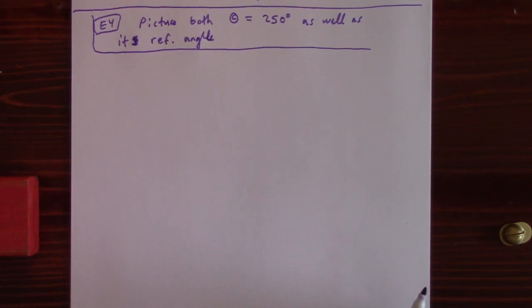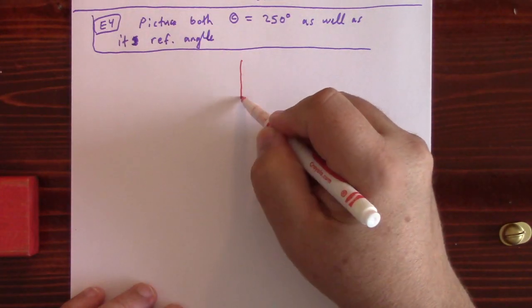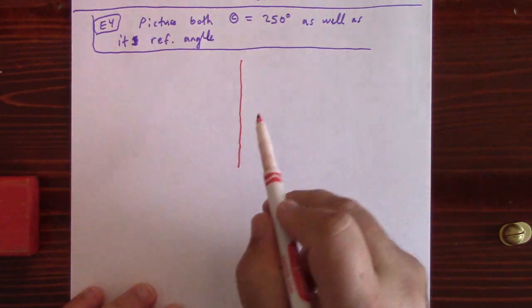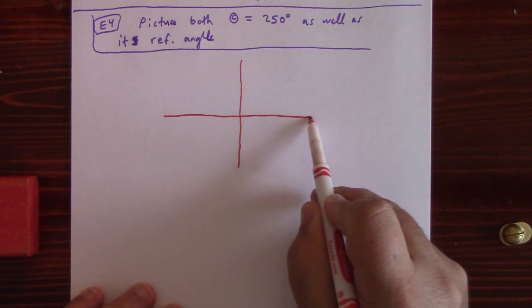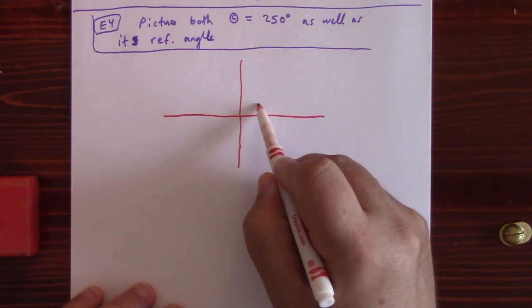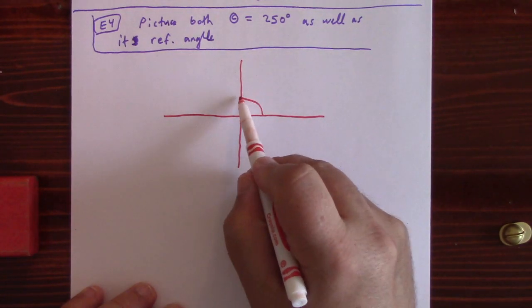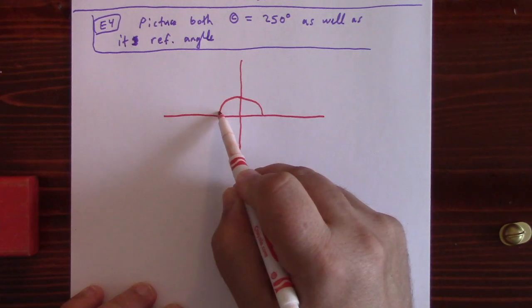Alright, here we go. So 250 degrees lies in quadrant 3, I believe, because we sweep 90 and then another 90, that gives me 180.